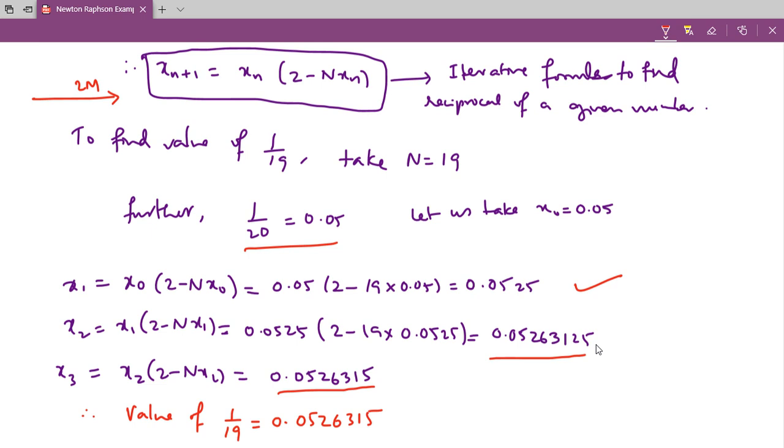So therefore we can conclude that the value of 1 by 19 is equal to 0.0526315, or we can say that the reciprocal of 19, that is 1 by 19, is 0.0526315.